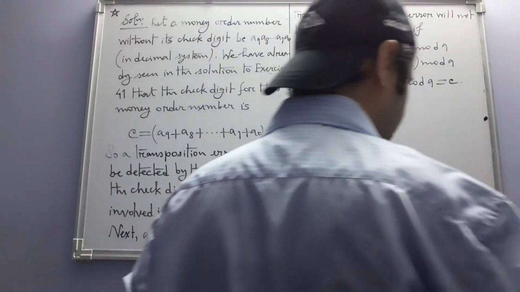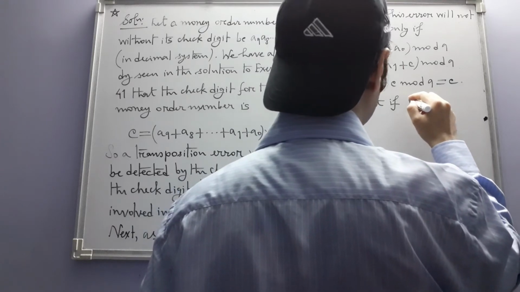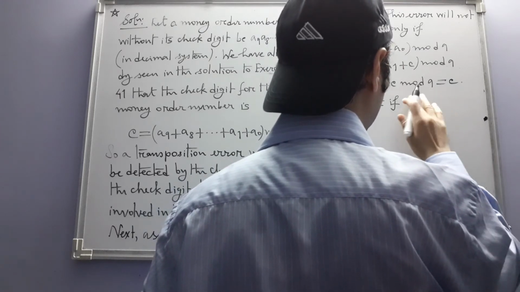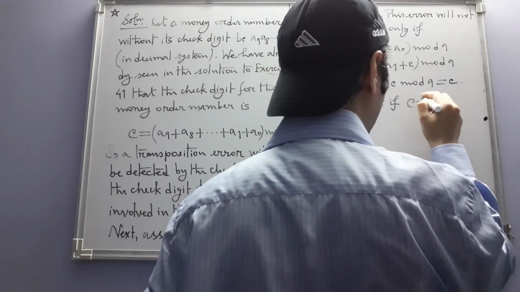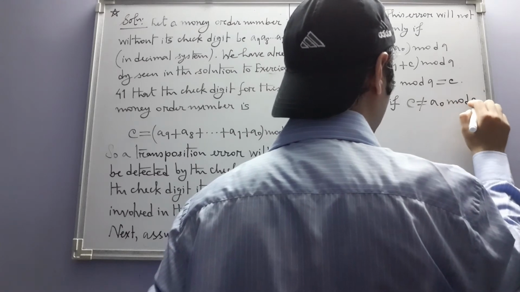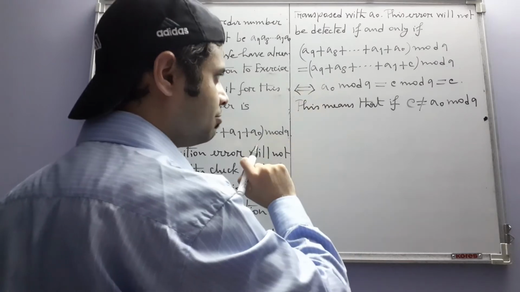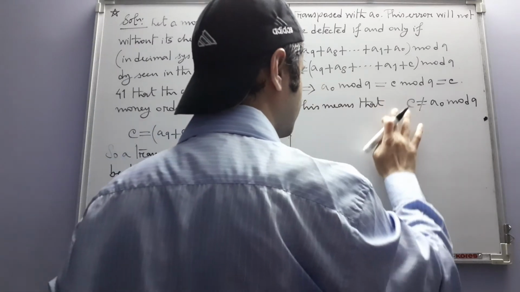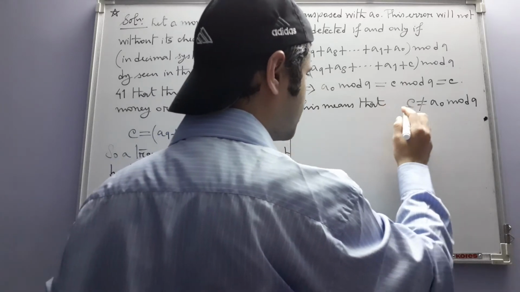This means that C is not equal to A naught mod 9, or because we have worked with if and only if, we can continue to write that in a different manner.